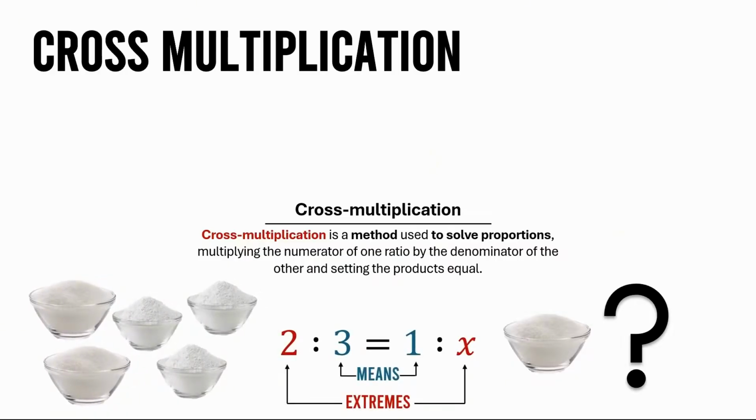What we do is multiply the means and extremes together. The extremes, as the word implies, are at the ends of the proportion, while the means are those closest to the equal sign. So the extremes are 2 and x, and the means are 3 and 1.